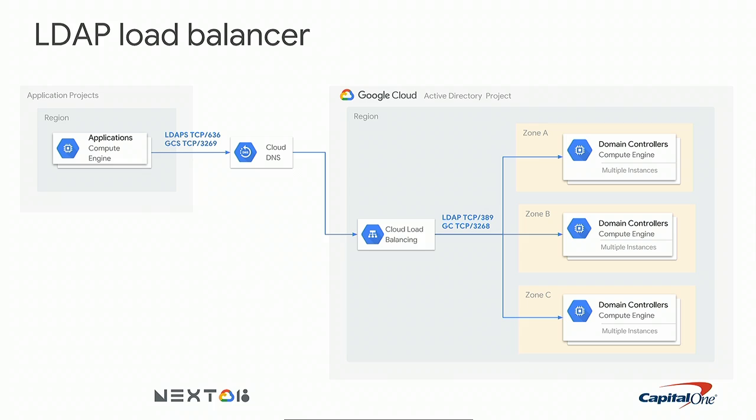Our configuration for the load balancer is LDAP Secure 636 and GCS, Global Catalog Secure 3269, coming into the load balancer. This ensures that all traffic outside of the project is secure. We then terminate at the load balancer to regular 389, 3268, and point at domain controllers across multiple zones.